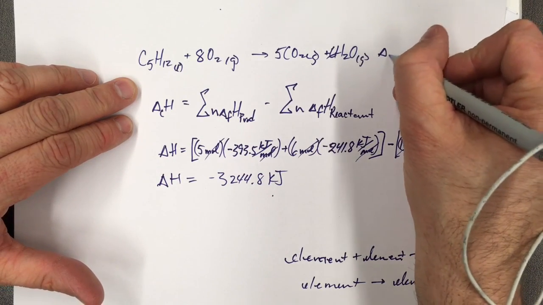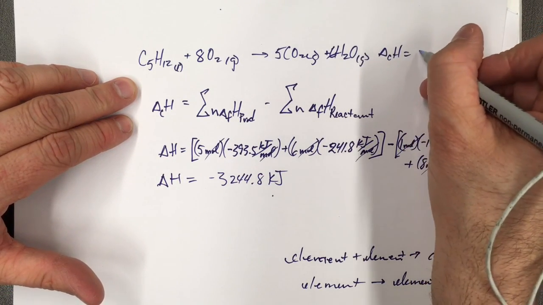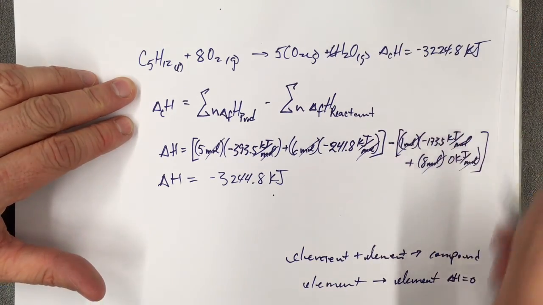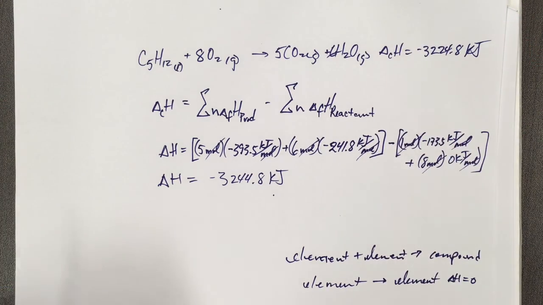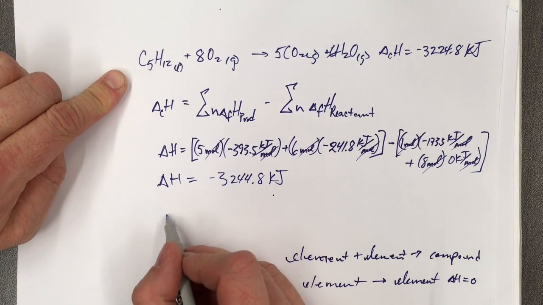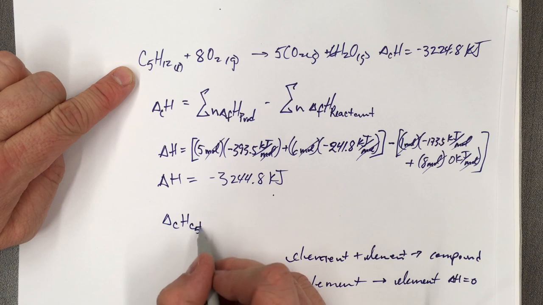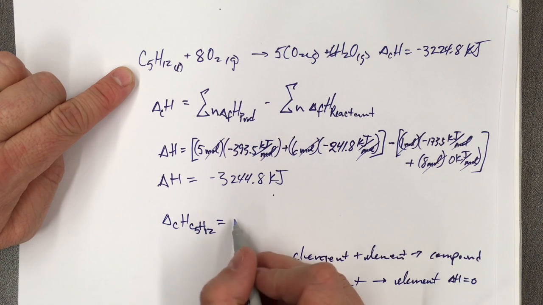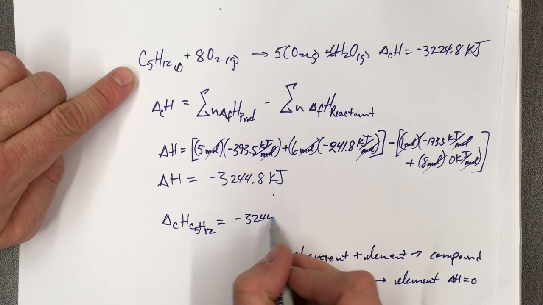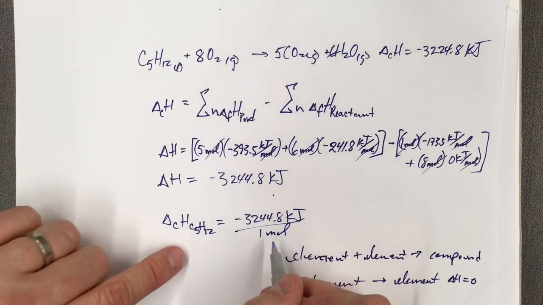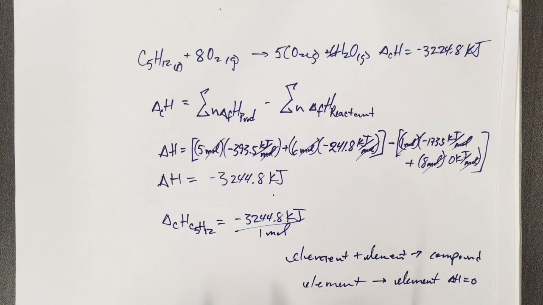So my enthalpy for combustion of this reaction is negative 3244.8 kilojoules. If it then asks me what's the molar enthalpy of combustion of this, then I just do one more step. I just say, oh, for pentane, this is going to be negative 3244.8 kilojoules per 1 mole of pentane. And then that's the molar enthalpy. Right? So it's just a different communication standard.